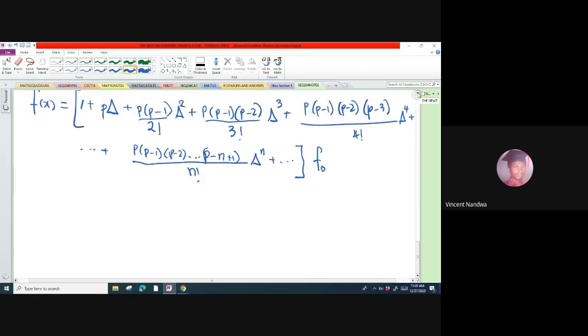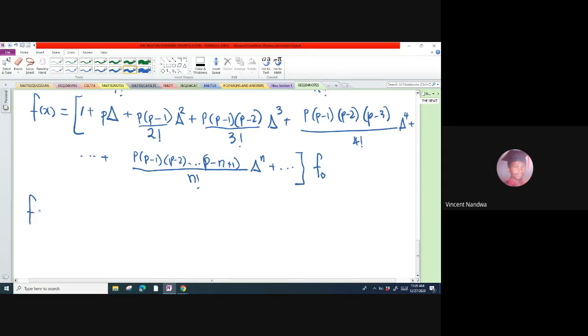So now f of x will be given by, now we multiply f naught by every term.